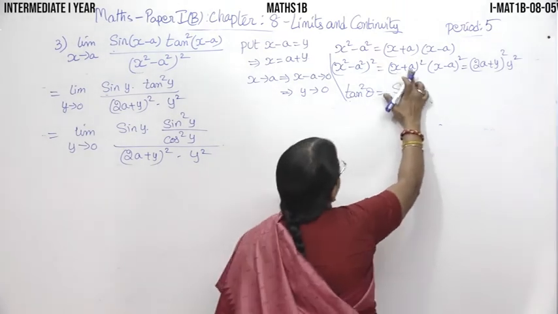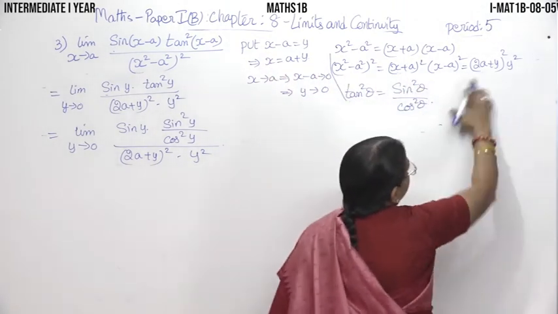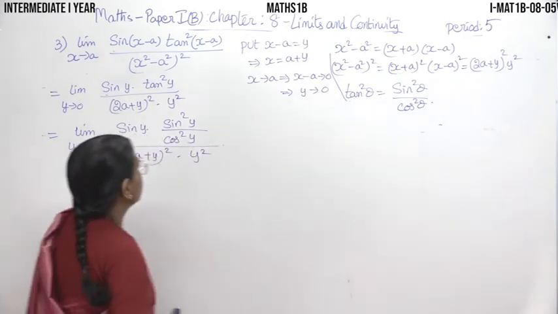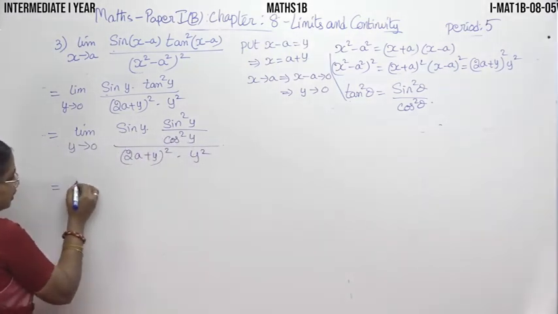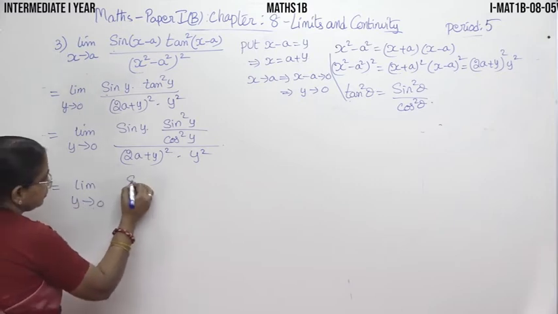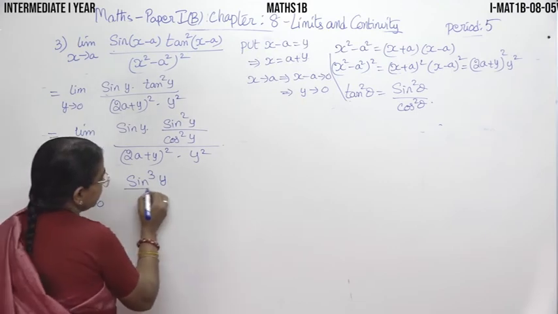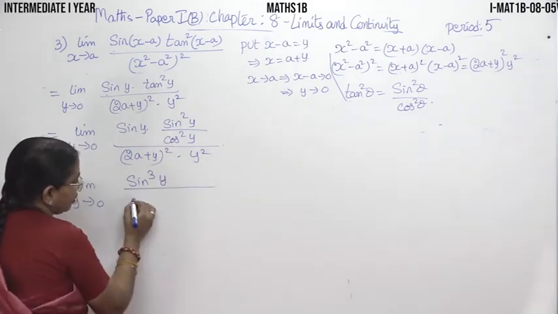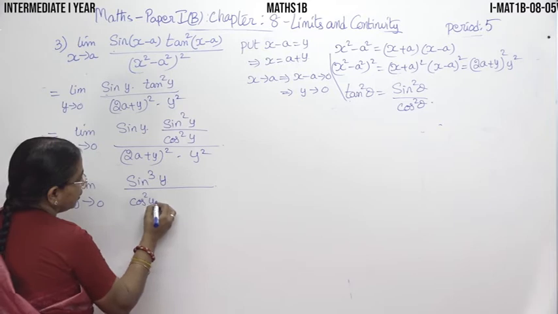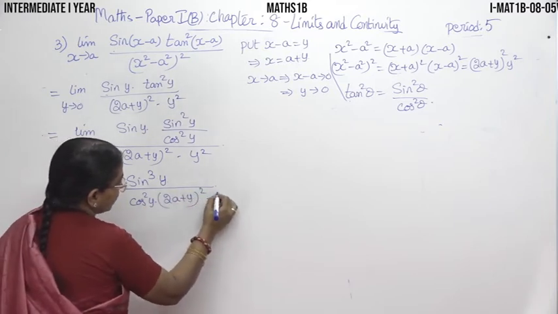So x plus a, x is this, x plus a is 2a plus y, like that. So it is equal to limit y tending to 0 of sin cube y by cos square y into 2a plus y whole square into y square.